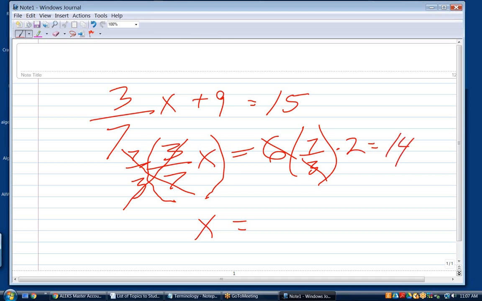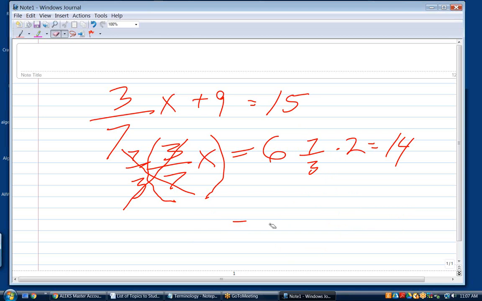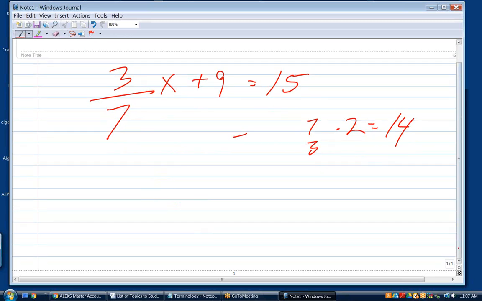By doing that, I didn't have to deal with any number greater than 14. Whereas the other way, I would have had 42 divided by 3, and I would have probably needed a calculator to get 14. So one thing to always do in these problems that I'm going to give you is reduce before going further.